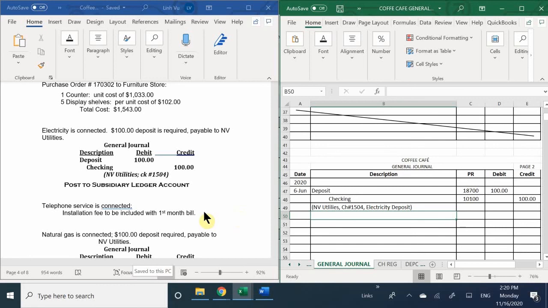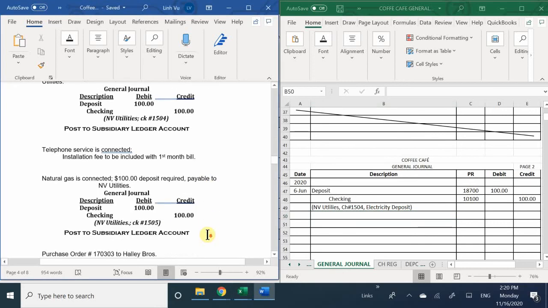So we will take care of that when we get the bill. You only record once you receive the bill because that's going to include all the details. We just started, so obviously there's no bill yet. Therefore, there's no transaction to record.